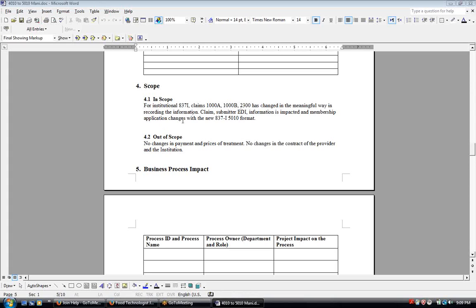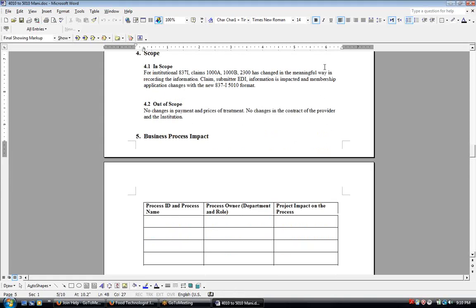The changes are meaningful in recording the information. Claim submitter EDI, electronic data interchange, is impacted, and membership application changes with the new 5010 format. That is our in scope, and out of scope would be no changes in the payments and prices, and there will also be no changes in the contract between the provider and the institution.